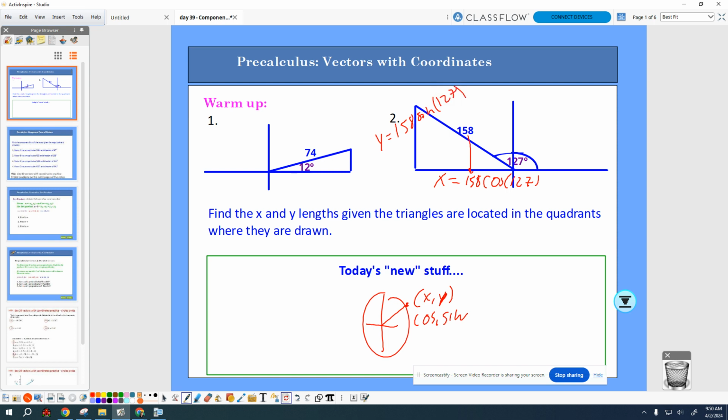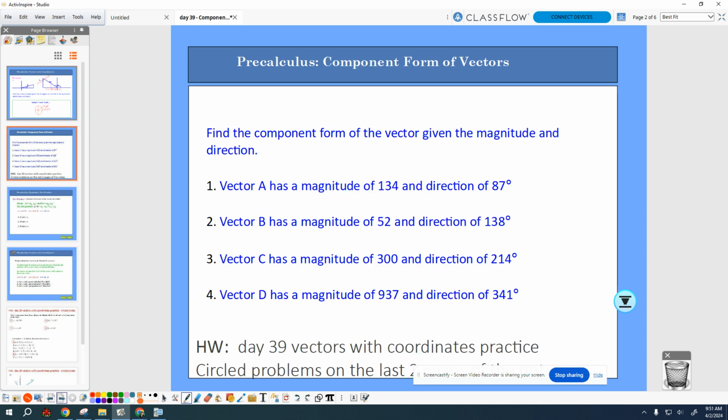So it's magnitude times sine of the angle for the y value, and magnitude times cosine of the angle for the x piece.